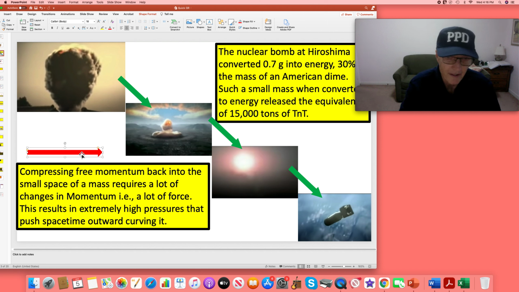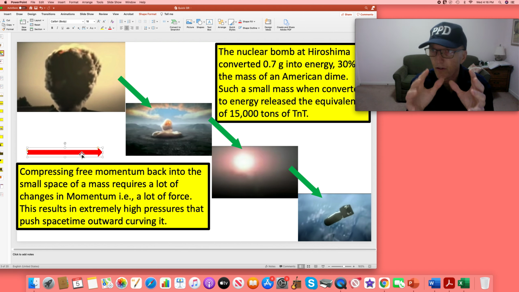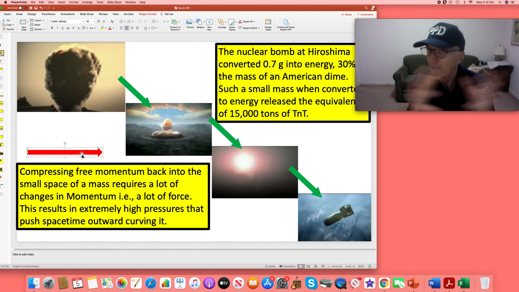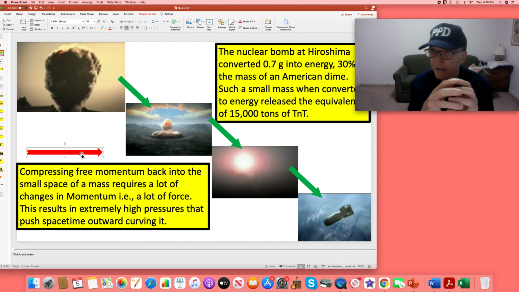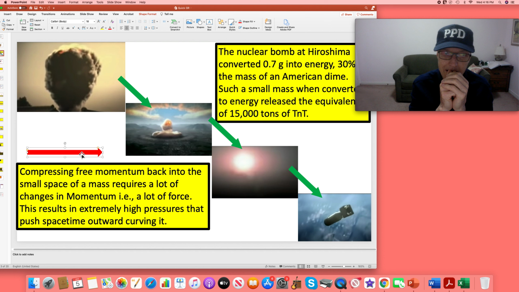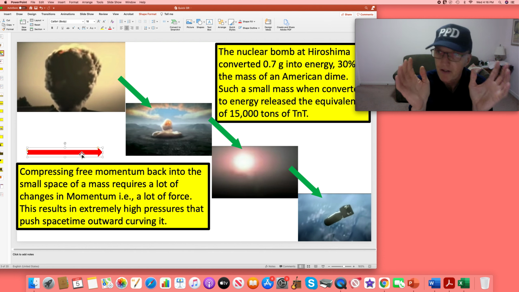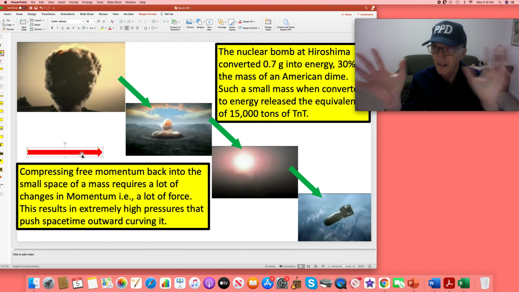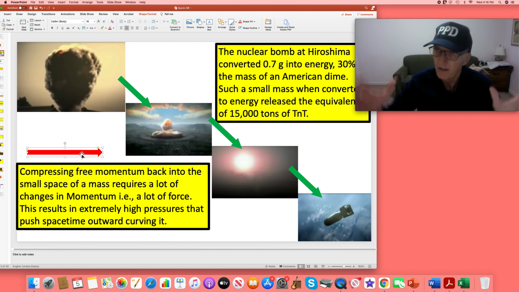So these pressure forces push out on space-time itself, because that's the only thing holding it in there, because it wants to expand. So the high pressures push outward against space-time, and curve it.